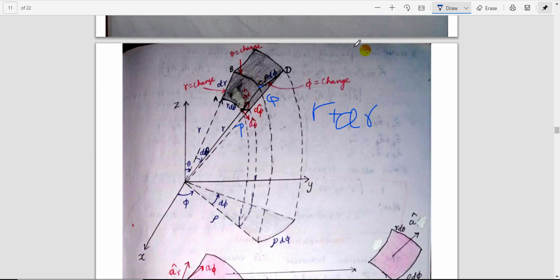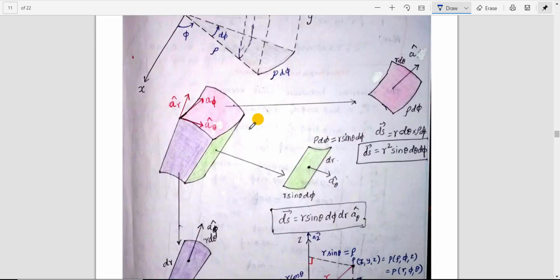So we can represent this three-dimensional figure with the help of three surfaces. The first surface is this, the second surface is this, and this is the third surface. The three surfaces can be represented here also.